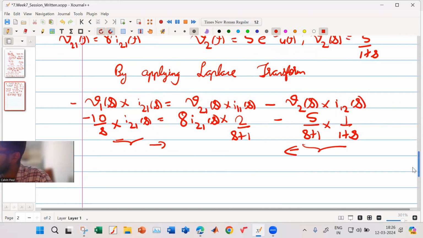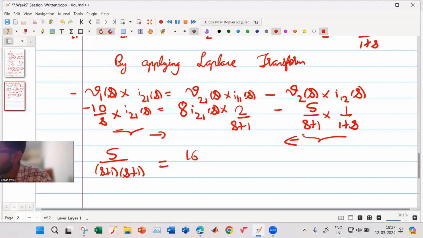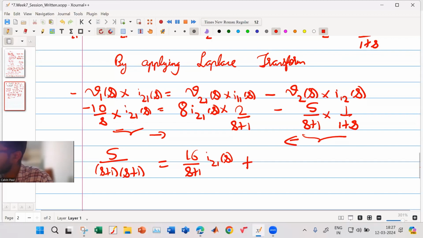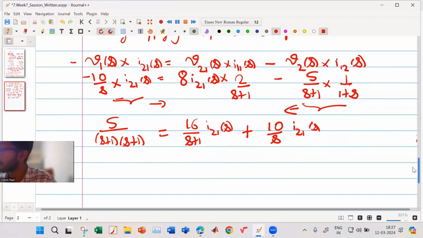So we will get 5 by S plus 1 into S plus 1 is equal to 16 of I21 of S upon S plus 1 plus 10 upon S into I21 of S. Is this part clear? Yes, sir.